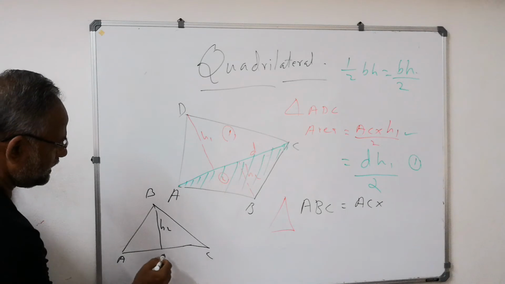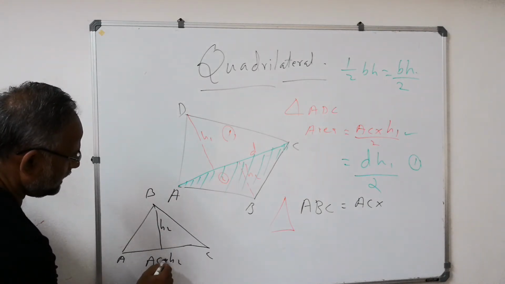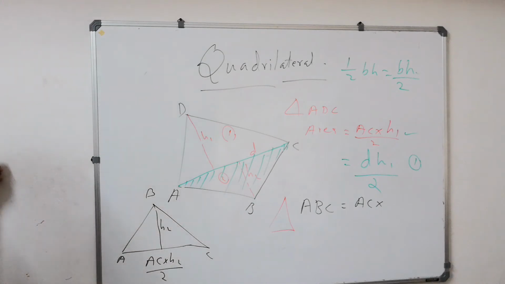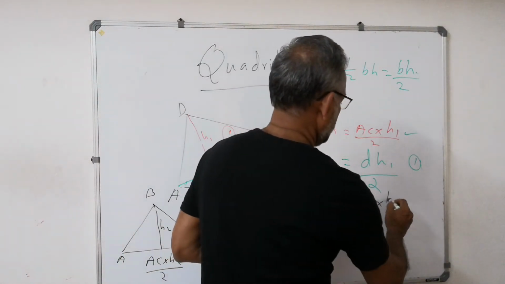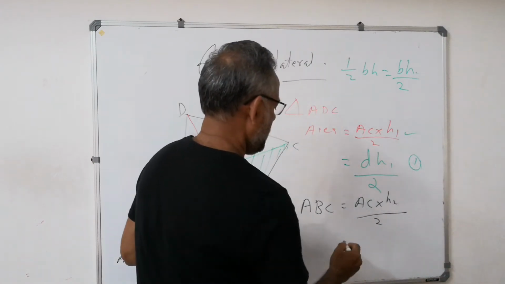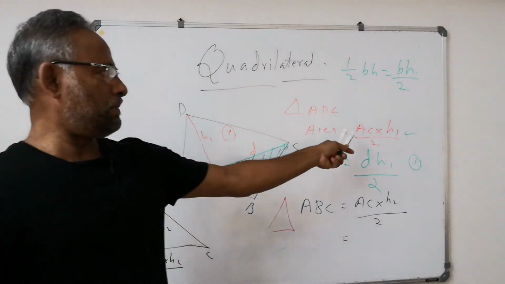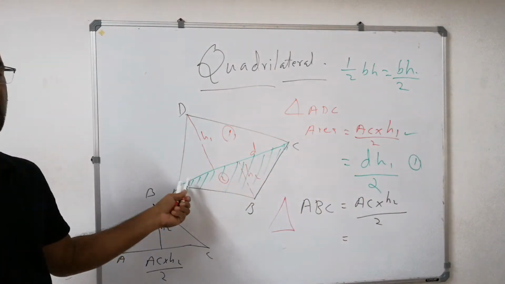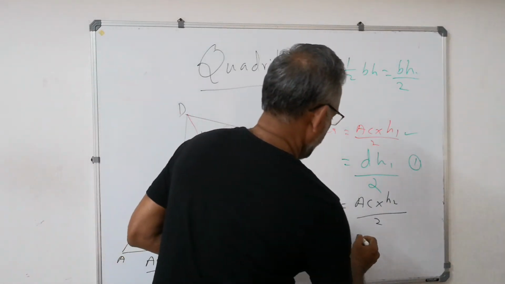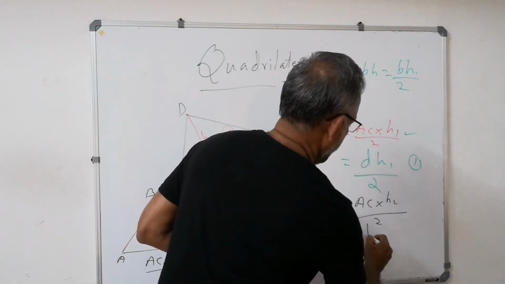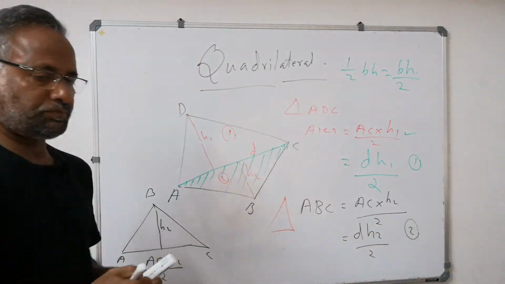So AC into h2 by 2. That means the same thing I am writing here: AC into h2 by 2. Tell me, my children, what is AC? Same AC. AC is the diagonal, that is the base. So D into h2 by 2. It is the second equation.